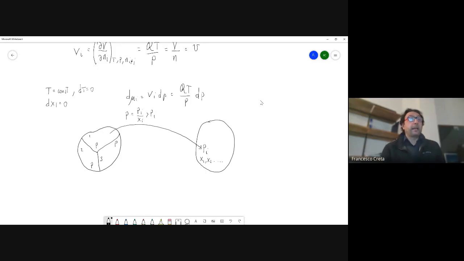So suppose that this particular species here was present, for example, with a chemical potential, which was essentially mu1, and then we indicated with the superscript 0, indicating the fact that it's a pure substance, it's not mixed.